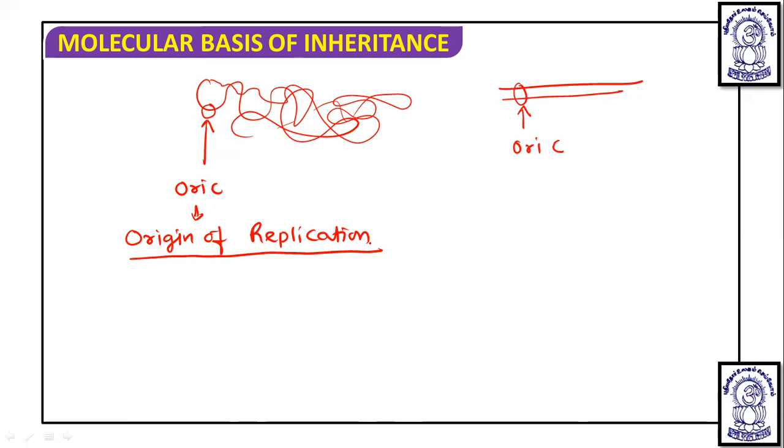So replication begins at a particular region of DNA, which is called the origin of replication. It is because of the requirement of origin of replication that a piece of DNA, if needed to be propagated during a recombinant DNA process, requires a vector.